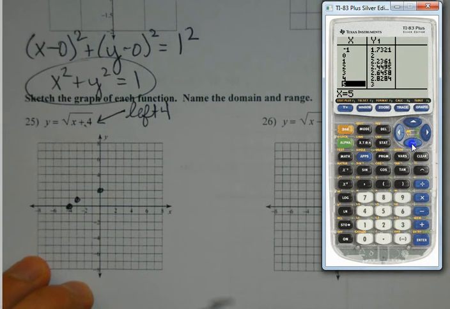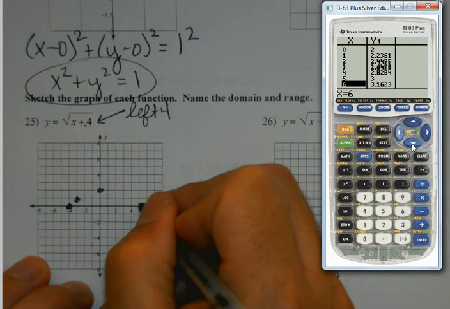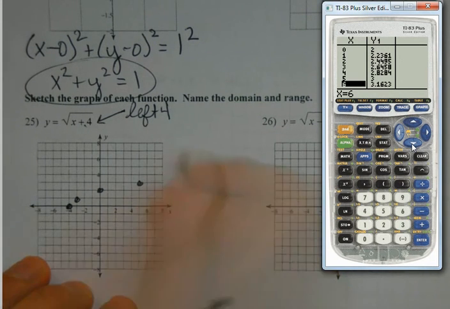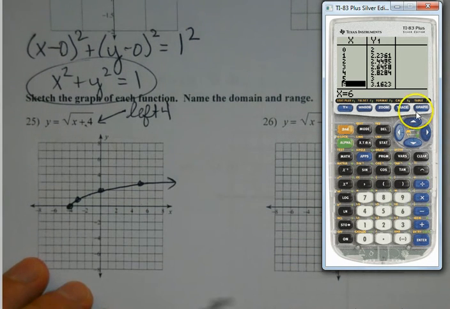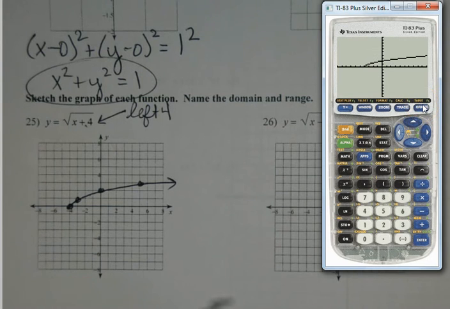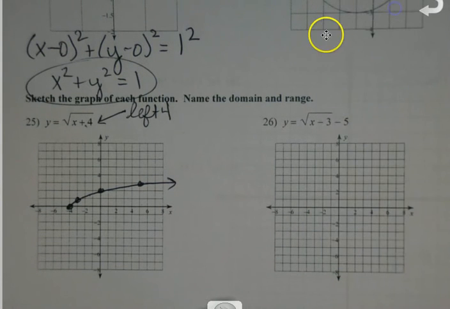Basically, I just go scrolling through to see how many points there are that are whole numbers, and then I just start there and connect the dots. You notice that looks pretty similar to how this works. And that's all there is to square root functions. They work very similarly in getting your first point and then just using the chart to get the rest of the answers. It's not a bad deal.